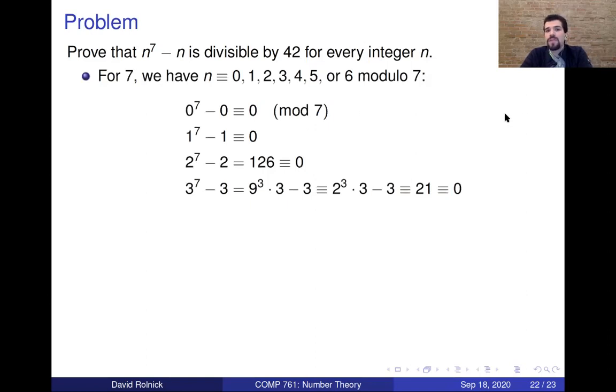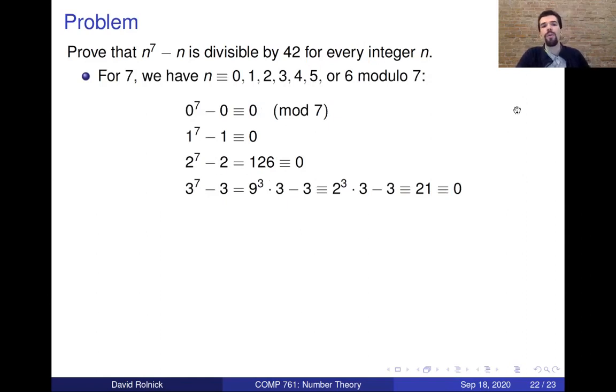So for 7, we have 0 plus 6 other possible remainders or residues modulo 7. 7 total residues modulo 7. So we can check the first ones pretty easily. 0, 0, 126, which is a multiple of 7. And then this one is a bit more complicated. I didn't really want to work out what 3 to the 7 is.